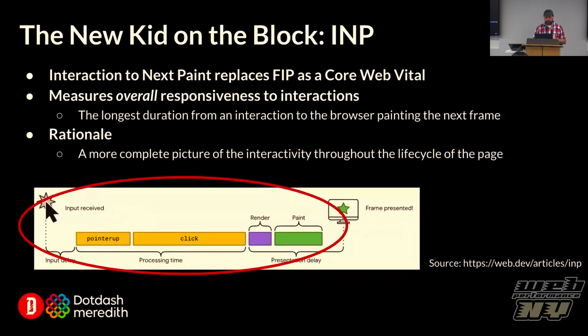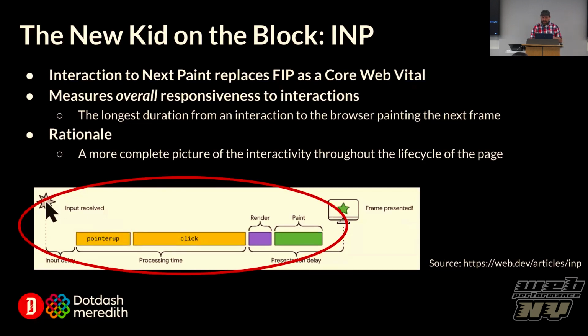Now, there's a new kid on the block: Interaction to Next Paint. This measures more broadly the overall responsiveness to interactions on the page. In particular, it measures the longest duration from an interaction to the browser's painting of the next frame.